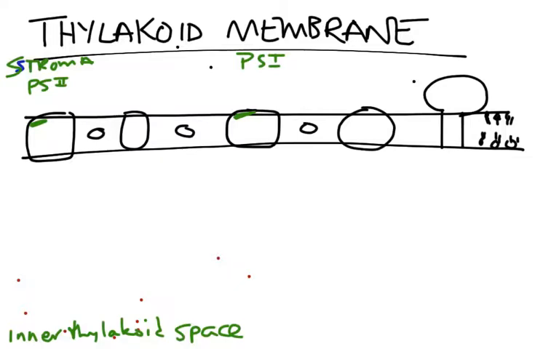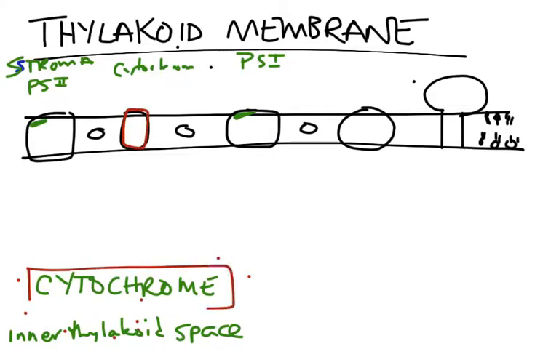Right here is the cytochrome complex. That's this spot right here. This purple thing right here is your NADP reductase.